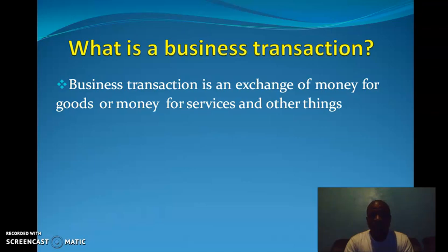What this entails is that money can be exchanged for products like soap, sugar, tea, and many more other products. Money can also be exchanged for services like legal services, teaching services, medical services, and many other services and other things.